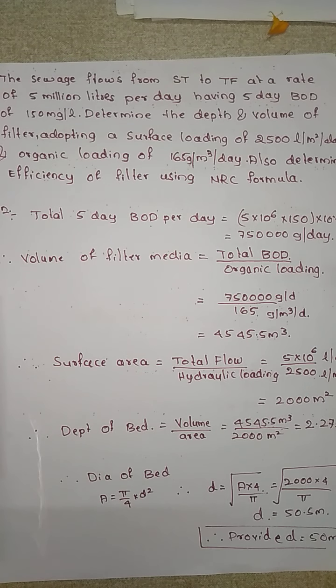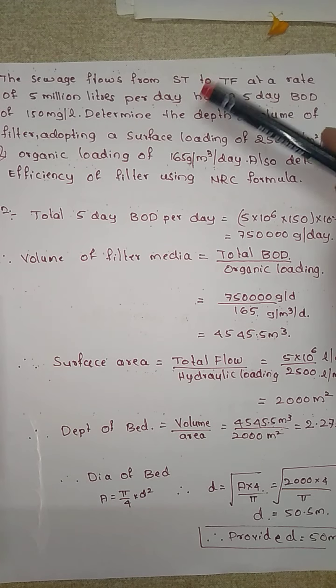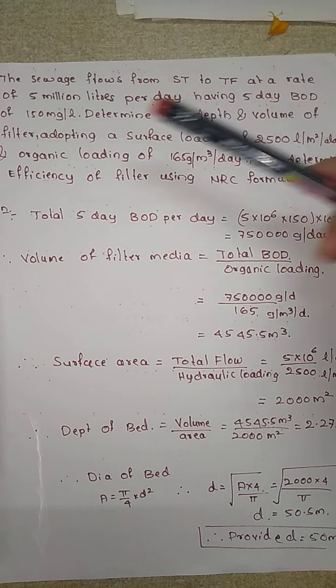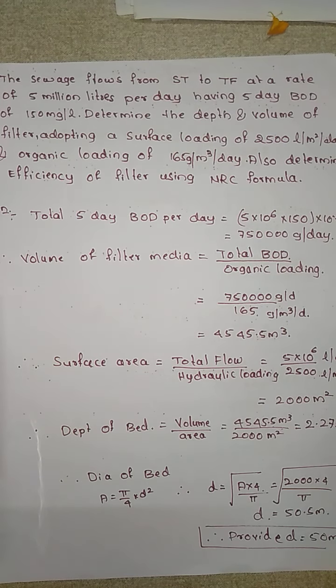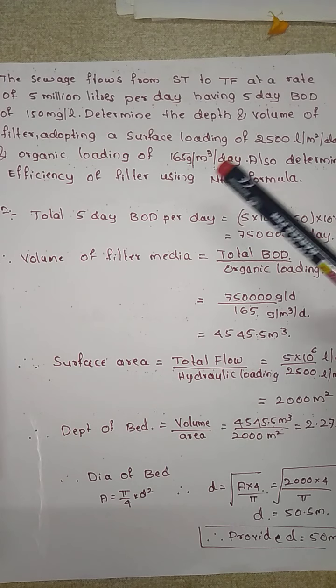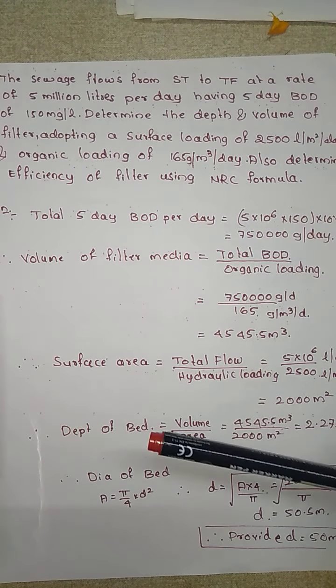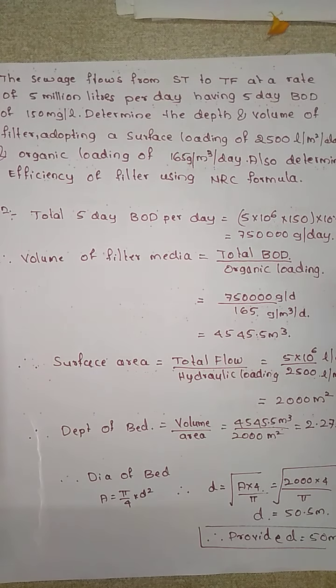Okay. Now the sewage flows from the settling tank, or sedimentation tank, to a trickling filter at a rate of 5 million liter per day, with a BOD loading rate, the 5-day BOD for this quantity of wastewater, of around 150 mg per liter.